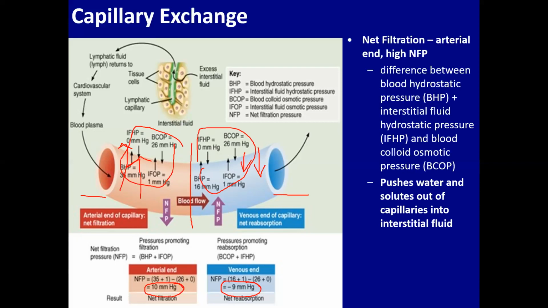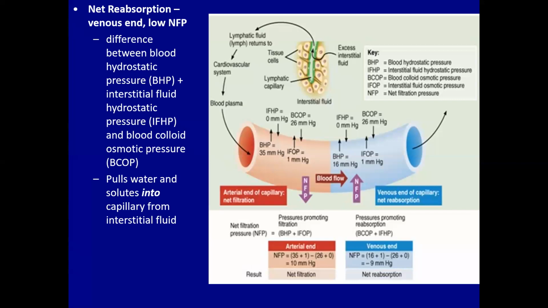So we're pushing out water and solutes into the interstitial fluid, right? On the venous end, we have a low net filtration pressure, and so this allows for water and solutes to be pulled from the interstitial fluid into the capillary, right?